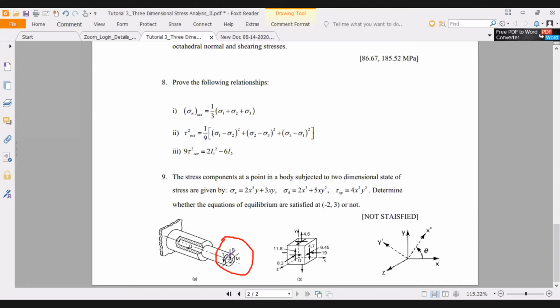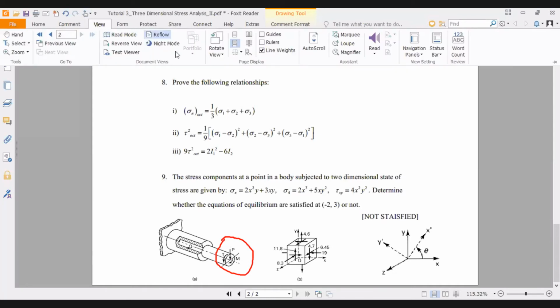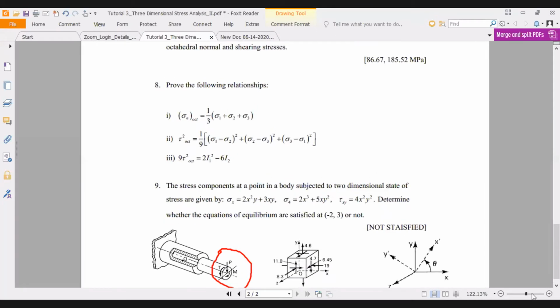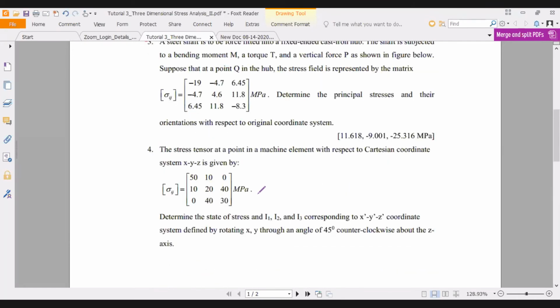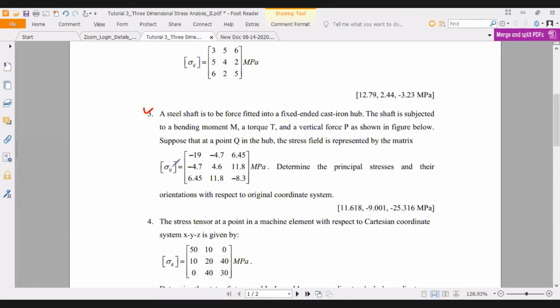You also can calculate it, if the dimensions of the shaft and other things are given to you, and if the magnitudes of this torque, bending moment and point load are given to you, then you can calculate the stress at the point Q. Okay, so here it is directly given in the question that the stress field at that point Q is given to you.